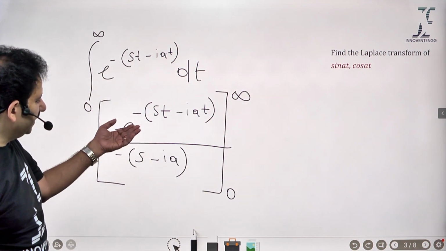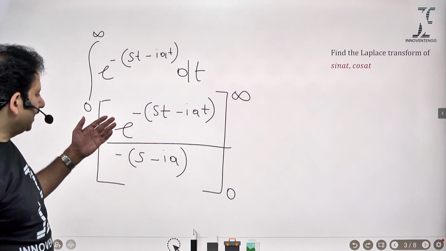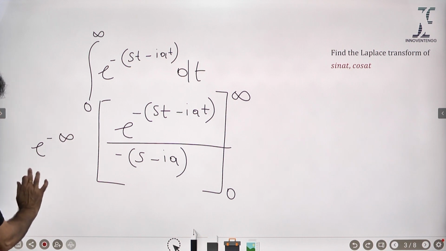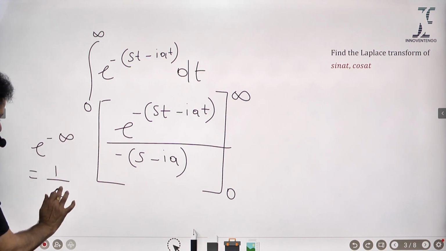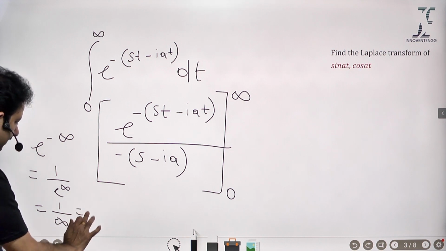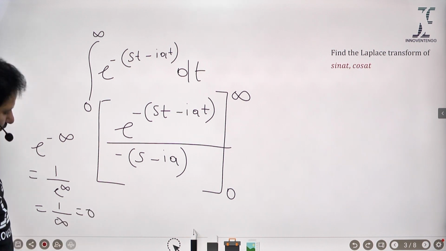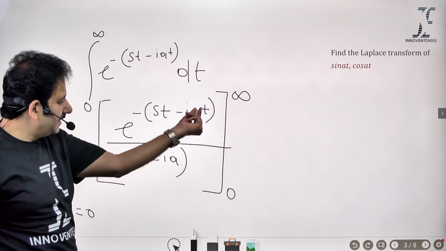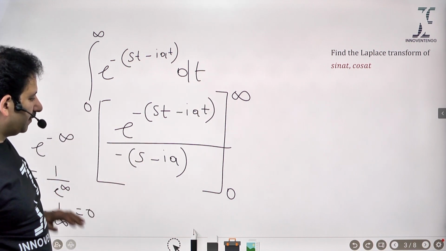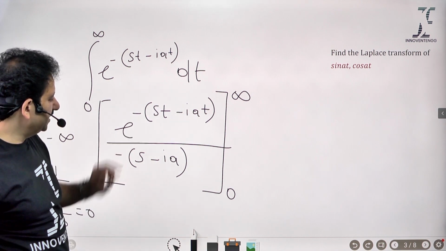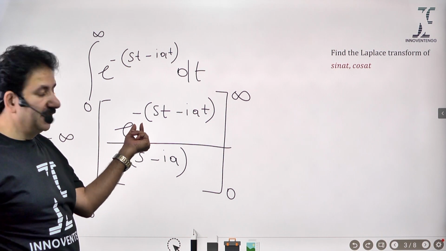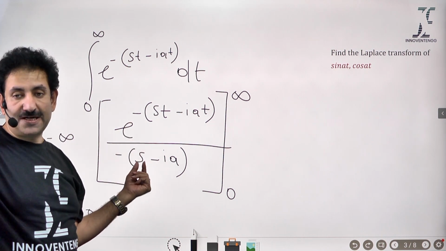Now it is very clear that the upper limit goes to 0. That is because if you have e power minus infinity, that becomes 1 by e power infinity, and that becomes 1 by infinity, and that goes to 0, right? So this is very, very clear. When I replace t by infinity, this entire term goes to 0, so I'm not worried about the upper limit. Lower limit, when I put t equal to 0, this becomes 1, because e power 0, or any term to the power 0, is 1.